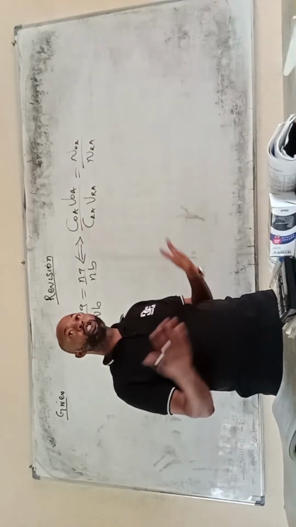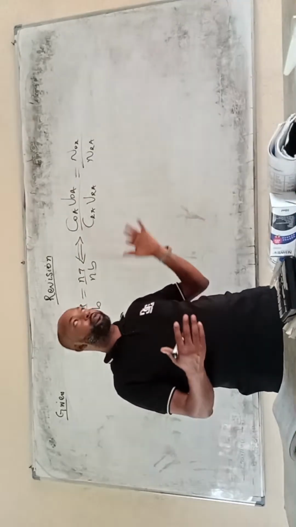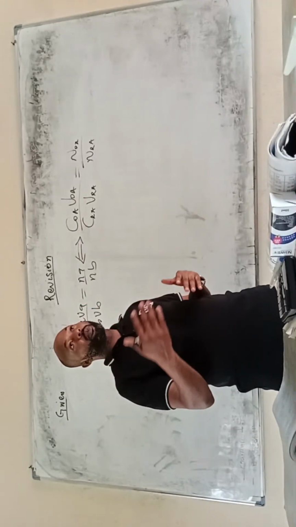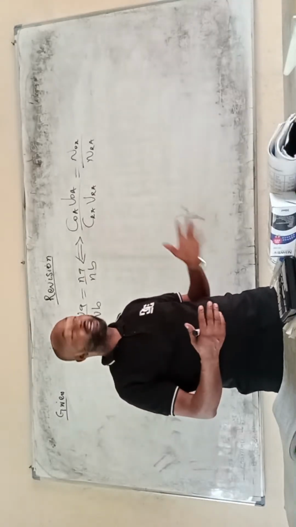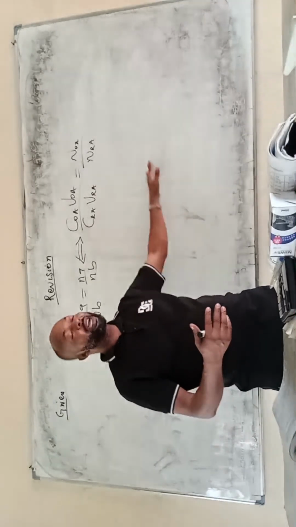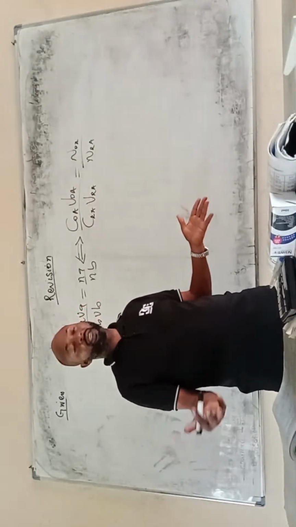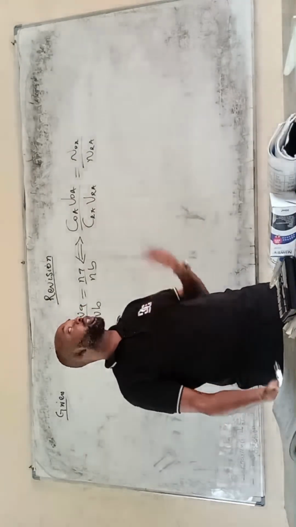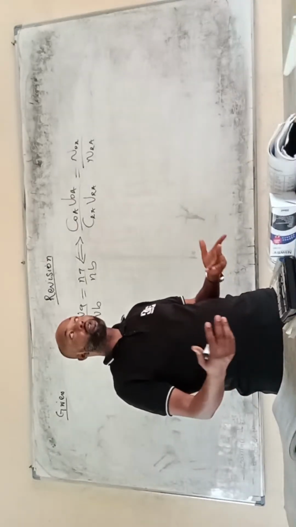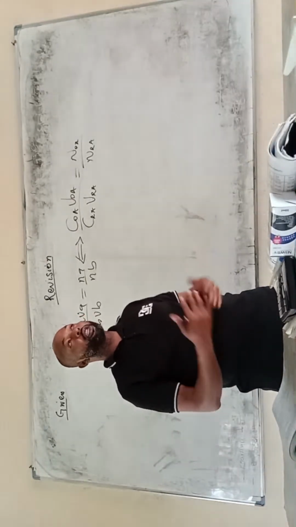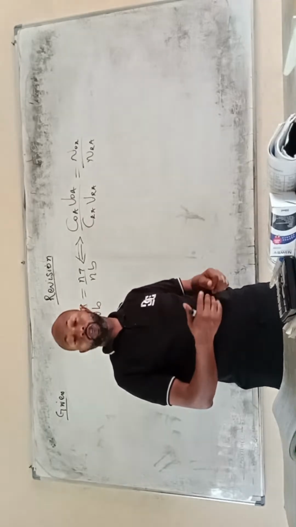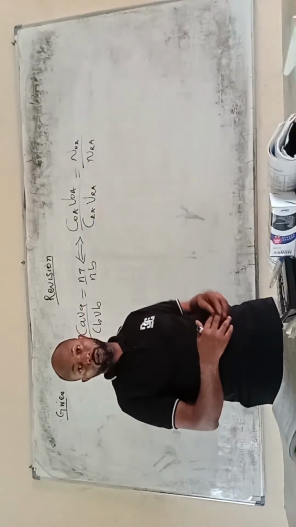At least for those in the university, in the secondary school level, the West African Examination Council can always give you the balanced reaction. But if it is in the university setting, it is expedient that the students should know how to do that. So you're not going to hold the lecturer responsible for not giving the equation of reaction because the lecturer must have taught you how to balance that.